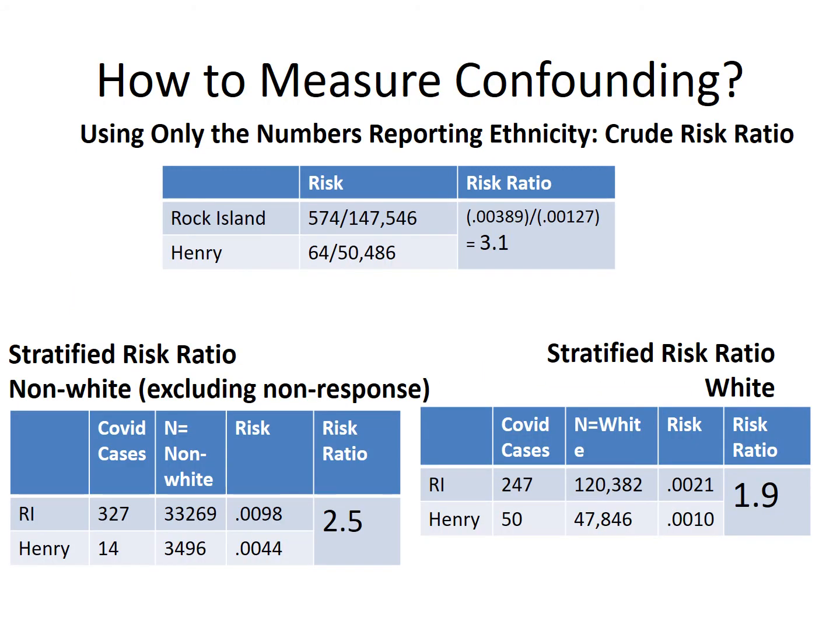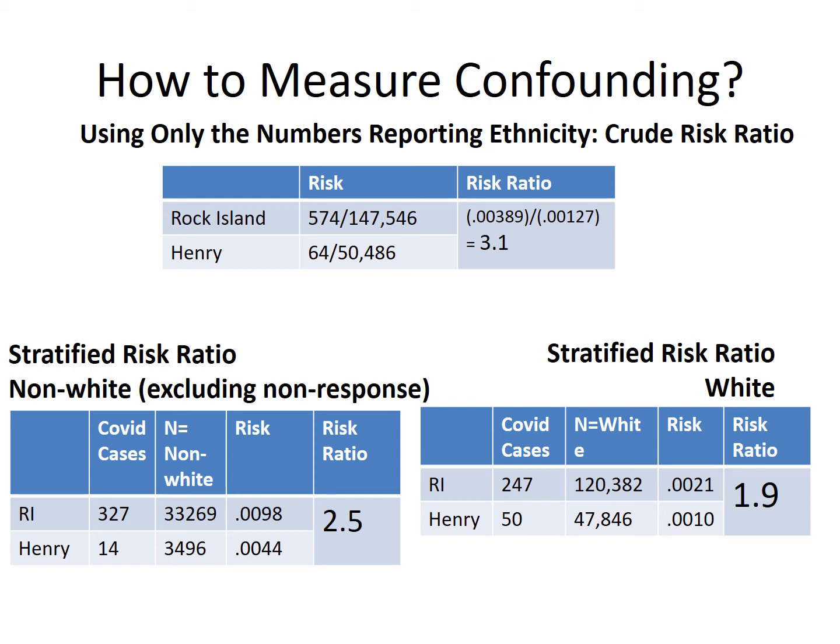So how are we going to use this information to measure confounding? Well, we need to stratify the results by ethnicity. But we have a bit of a problem. Once we broke the results into the different strata, so looking at the non-white or the multiple ethnic groups combined together and those who self-identified as white, what we find is a number of COVID cases did not identify in either group or did not feel comfortable answering the question.